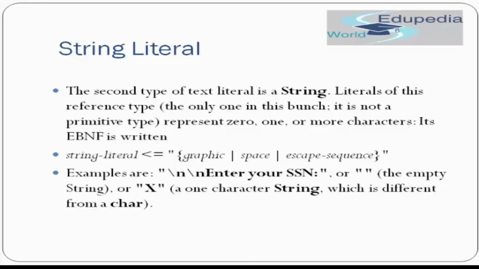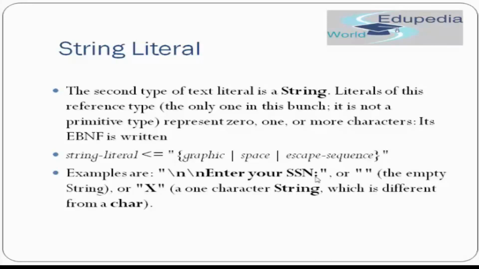Examples are an escape character for a new line, again a new line character, then "enter your SSN". This is written in double quotes. It has a sequence of multiple characters, so it is a string.